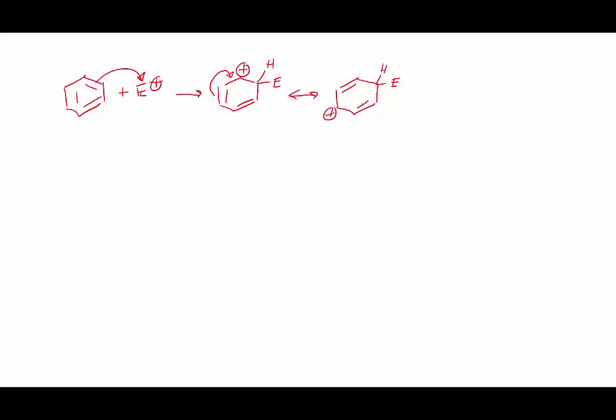And then I take this pair of electrons and move it there to form a third positive charge there. And then I could draw the resonance hybrid of those three.